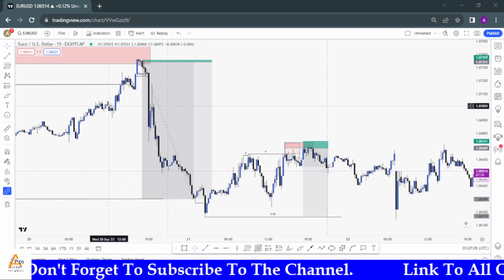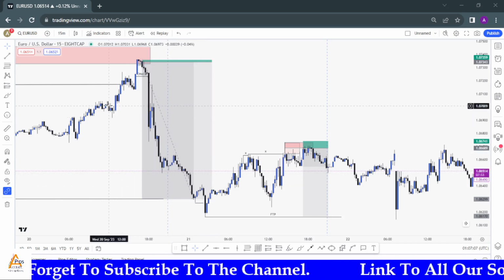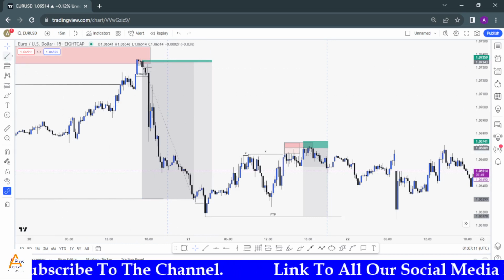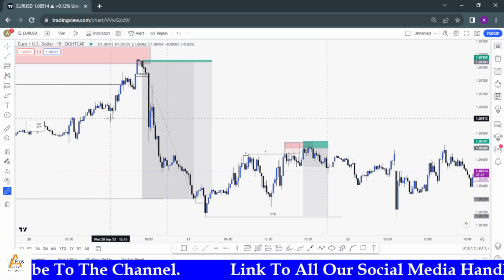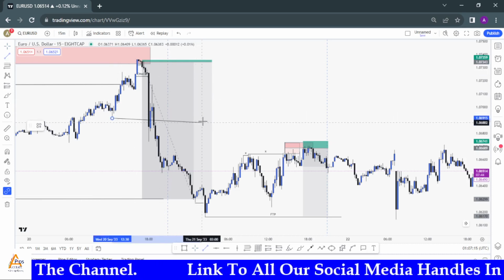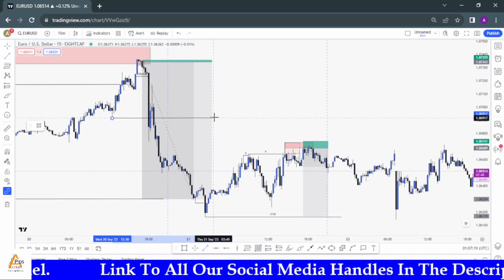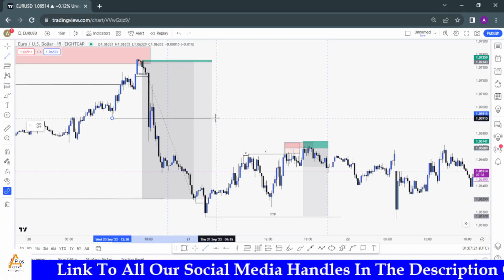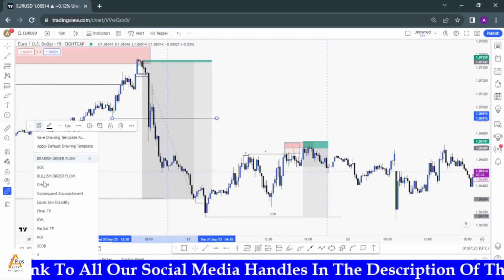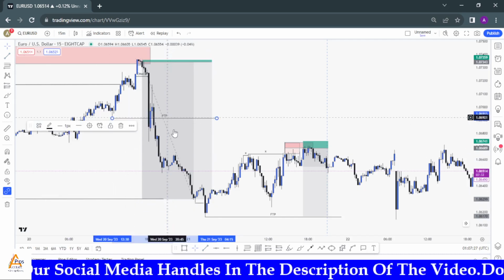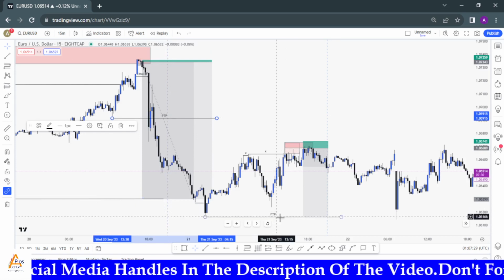During our time when we were doing the course, you see that most of the time, as I mark my areas, I put lines at certain key points and write something like PTP and FTP.